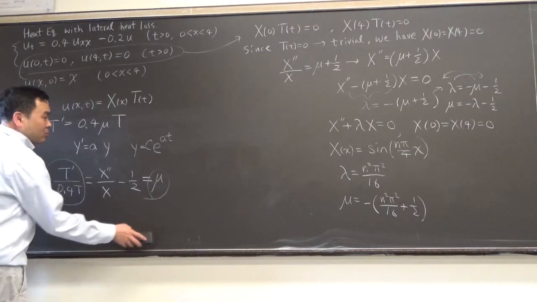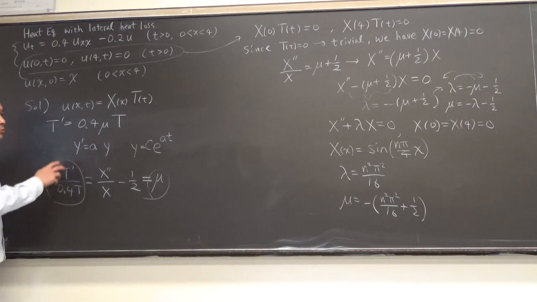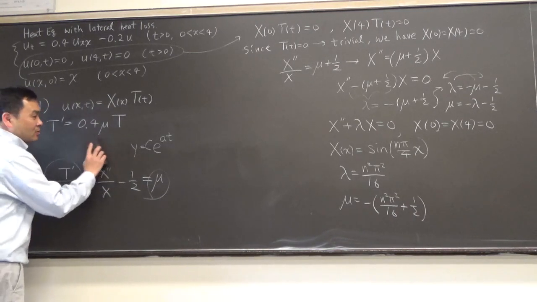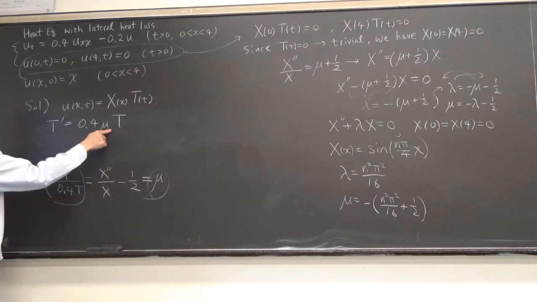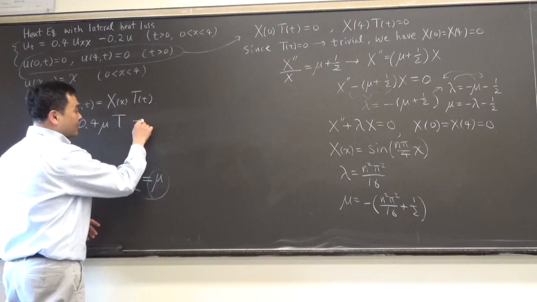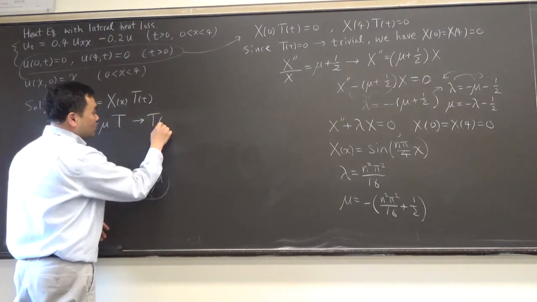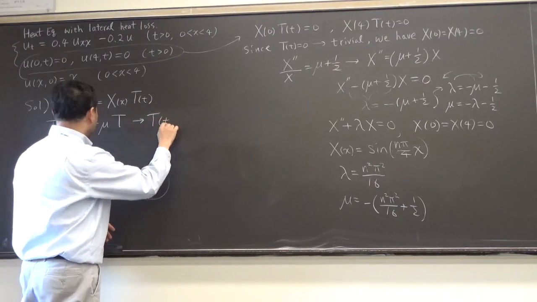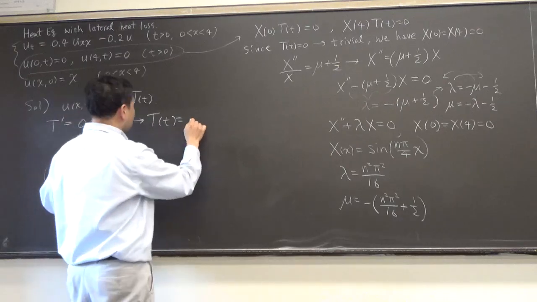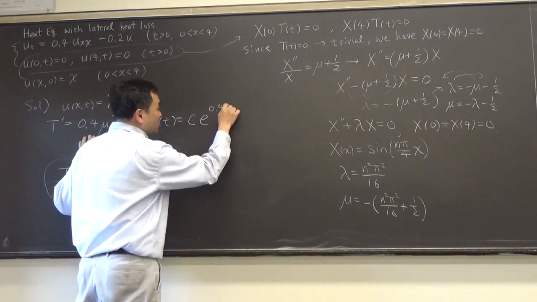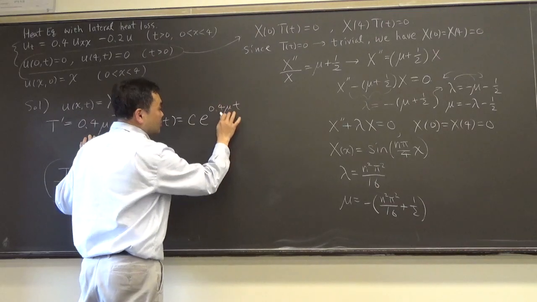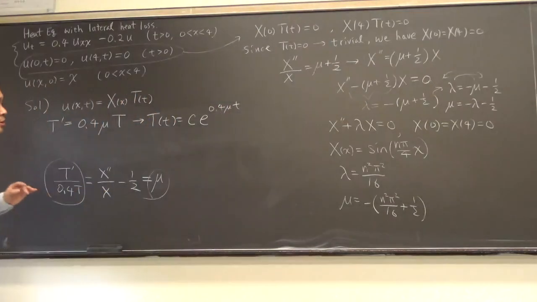So I will pretend that everyone knows this fact, so that from here you get this, and that immediately says that T of t would be some constant times e to the 0.4 mu t.